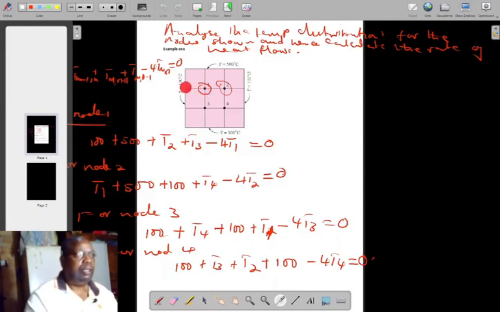T2 is surrounded by 100, 500, T1 by 100, 500. Whatever is symmetrical, we can deduce that T3 will have to be equal to T4 and T2 will be equal to T1.